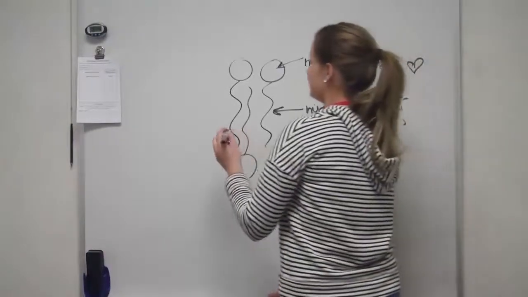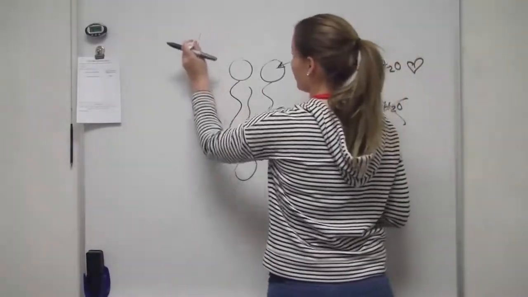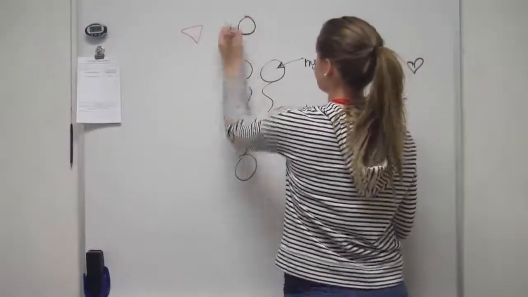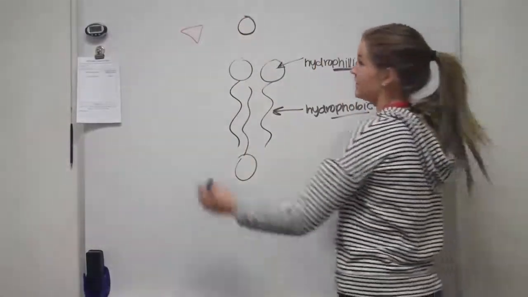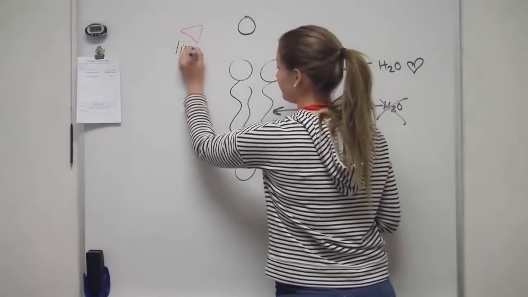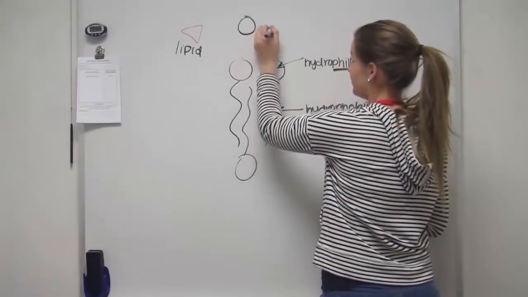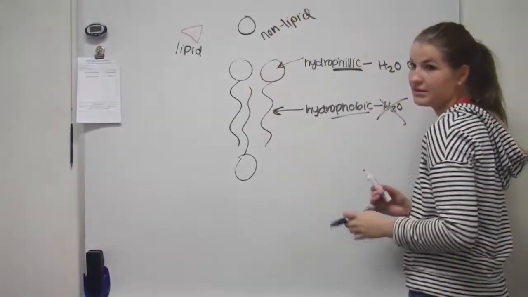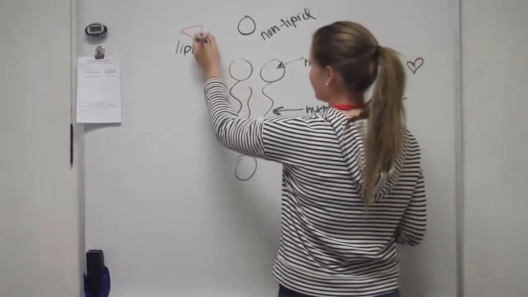It only allows specific molecules to go through. Right, so let's say here's our two molecules. Let's say this one's a lipid, and this one is a non-lipid. Which one is this going to let in? The lipid. And why is that?